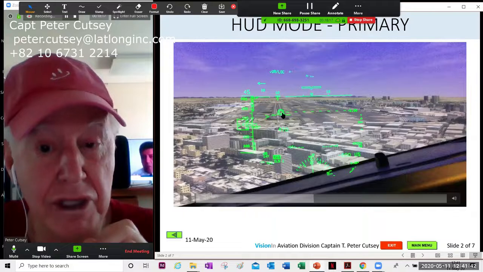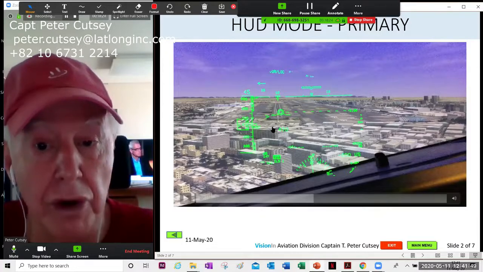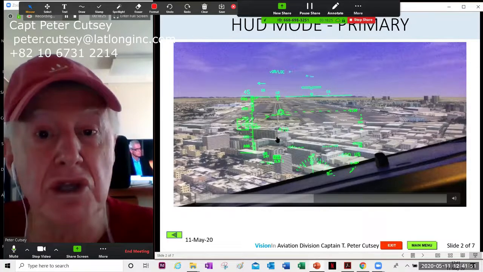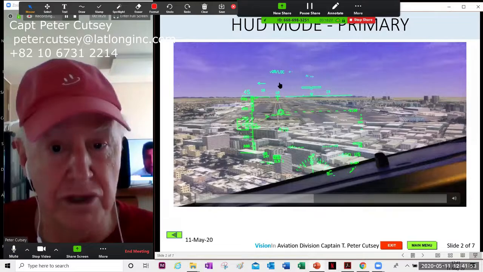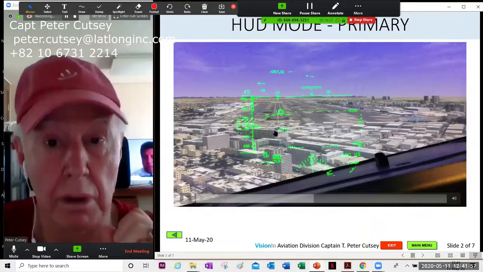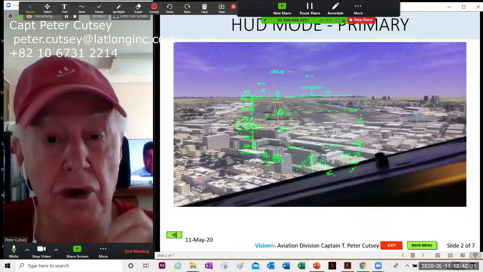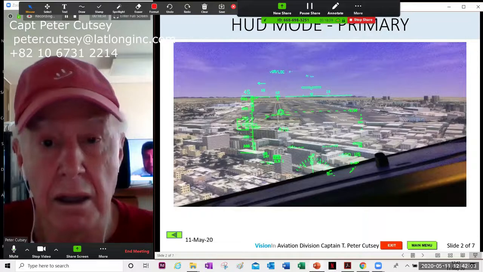So that's why the flight path symbol here is below the horizon. If it's below the horizon, it means you're descending. If it's above the horizon, it means you're climbing. Simple. If it's on the horizon, it means you're in level flight. Doesn't matter what your pitch is.